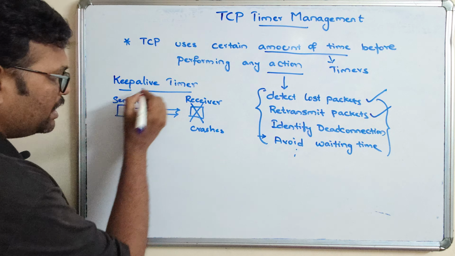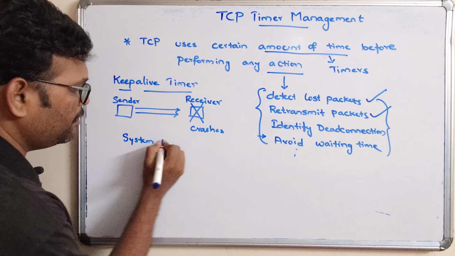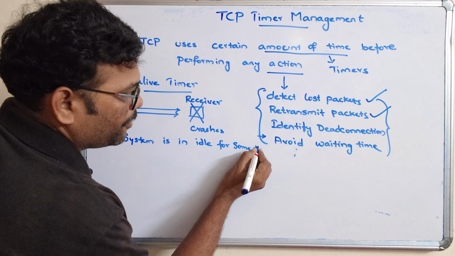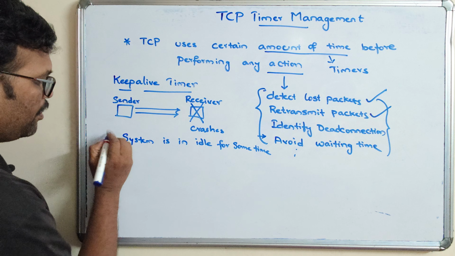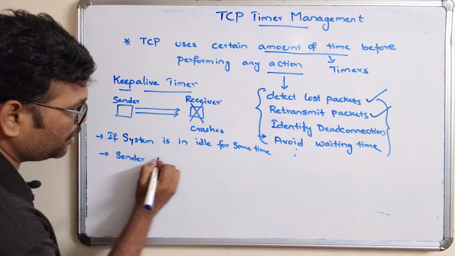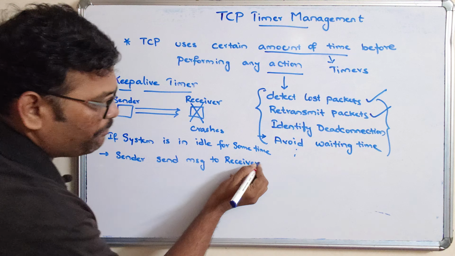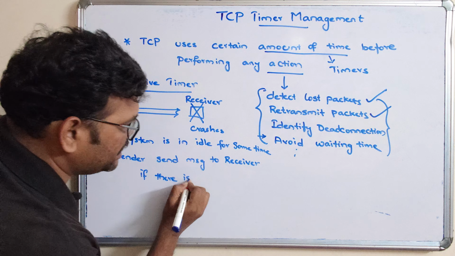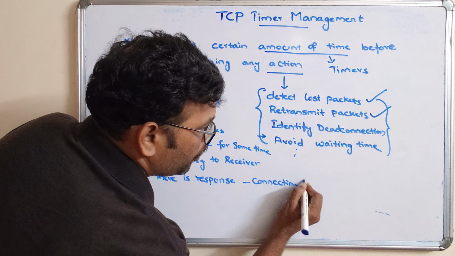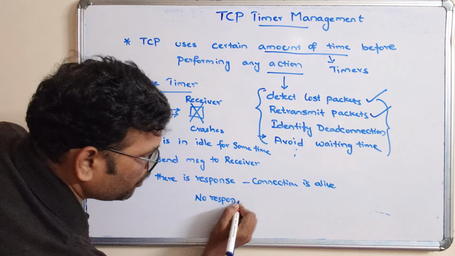So in such a case, this Keepalive timer will be on, and if the system is idle for some time, then immediately the sender will send a message to the receiver, and if there is a response, the connection is alive, and if there is no response, what happens?